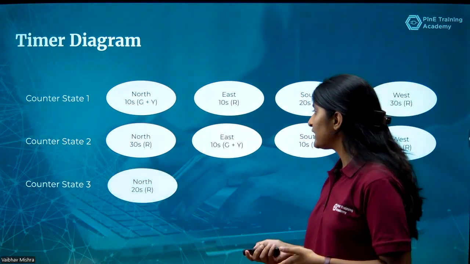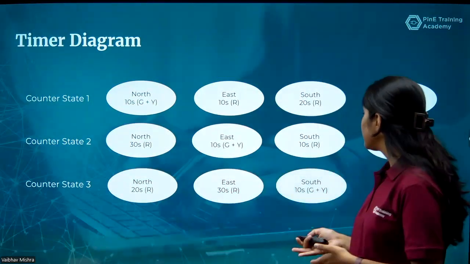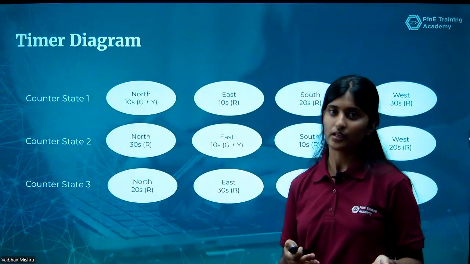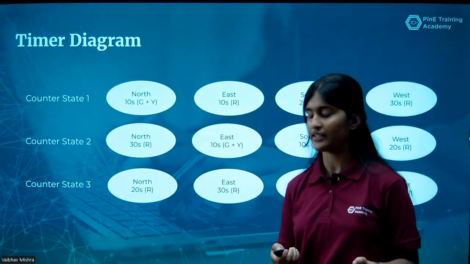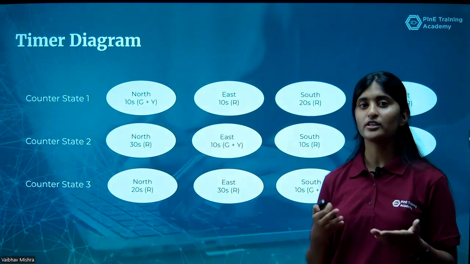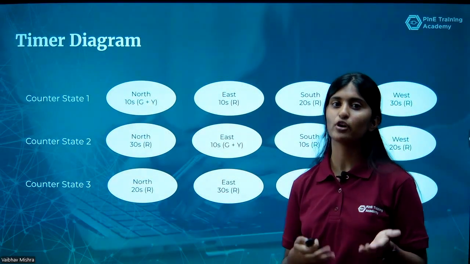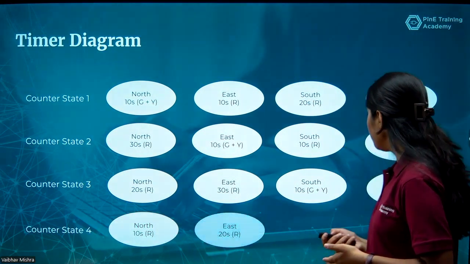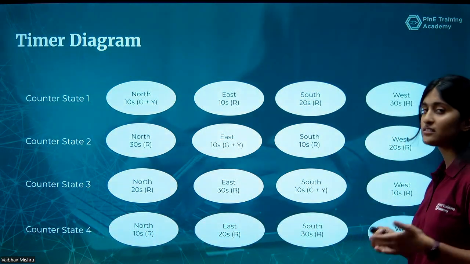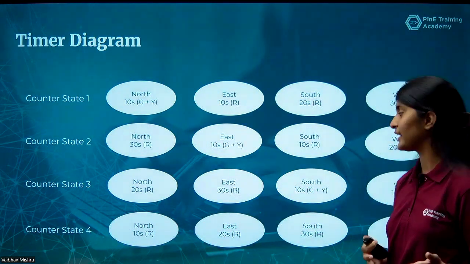Then in counter state 3, the south is green plus yellow for 10 seconds. Depending on that, the west is red for 10 seconds, the east is red for 30 seconds, and north is red for 20 seconds. In counter state 4, the west is green plus yellow for 10 seconds.